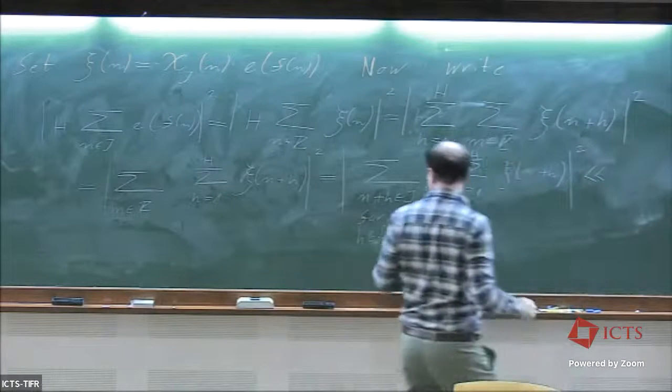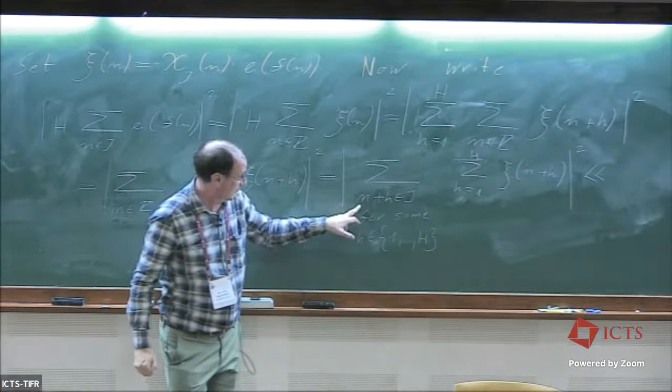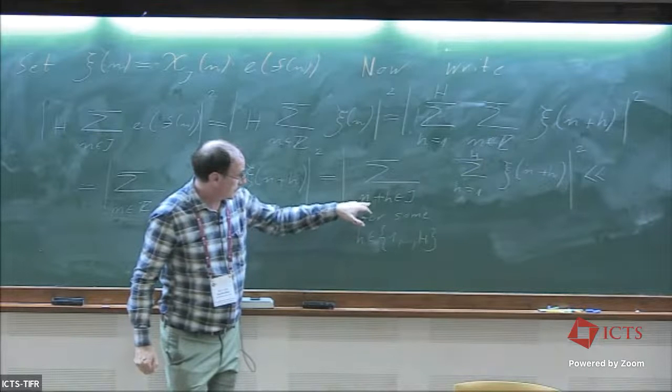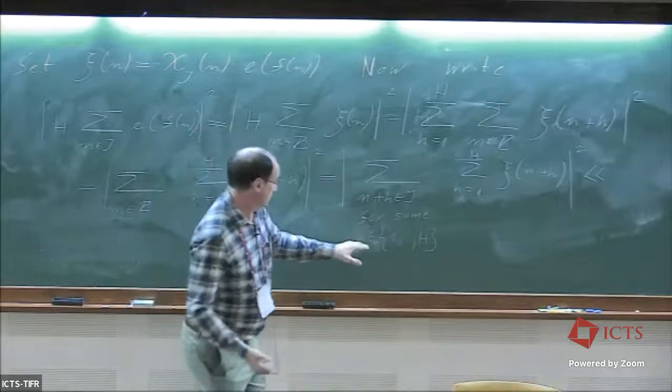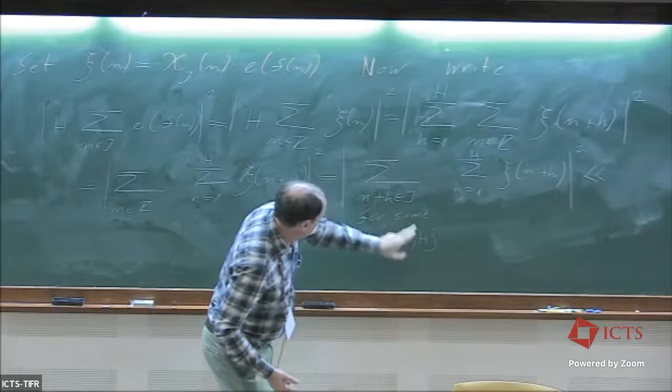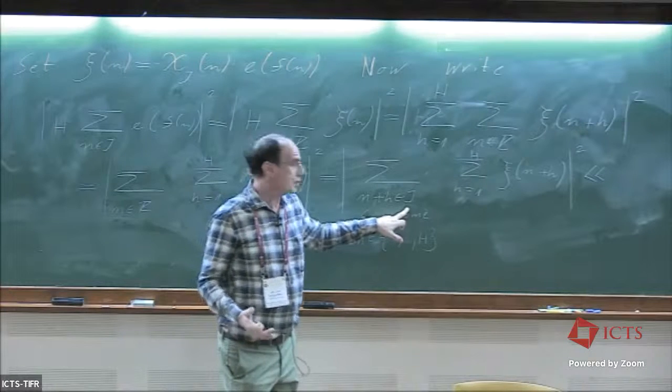Squared. How many elements are in the set of n's satisfying a property like that? It's H plus the interval length, provided the interval length is an integer.